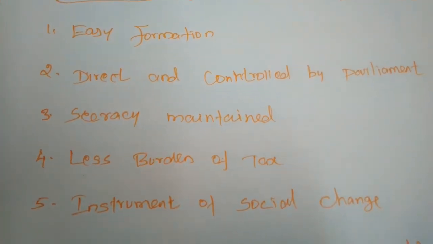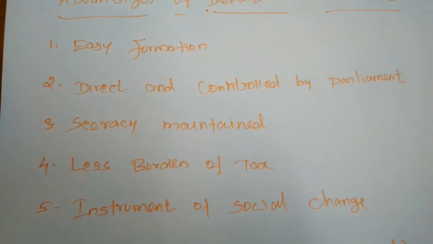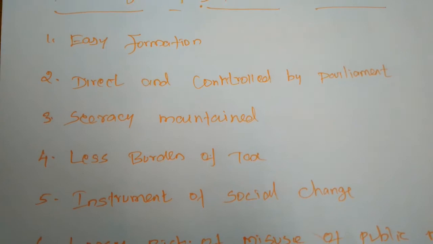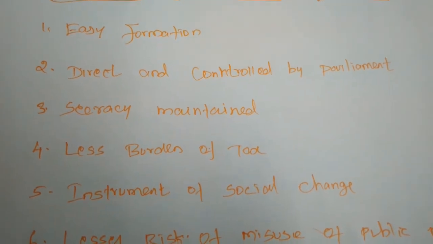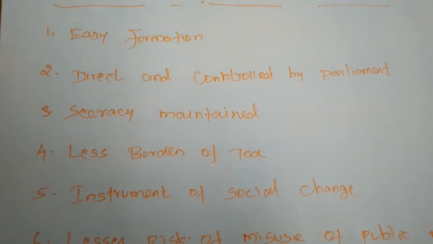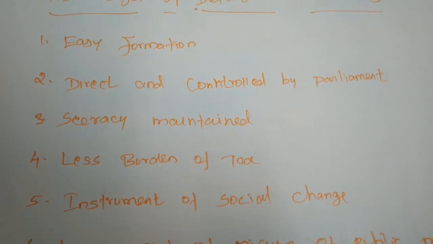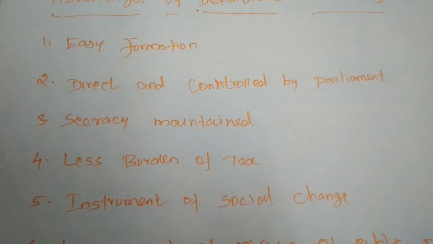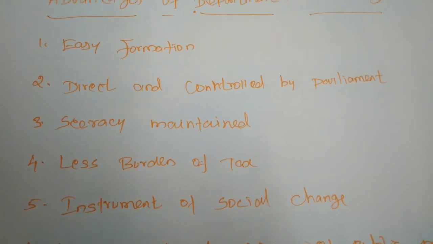So already we have studied that in our nation and in our states, so many departments are there. The police department, the milk department, the railway department, and other departments. Every department is also directed and controlled by the Parliament and the state legislative assemblies.